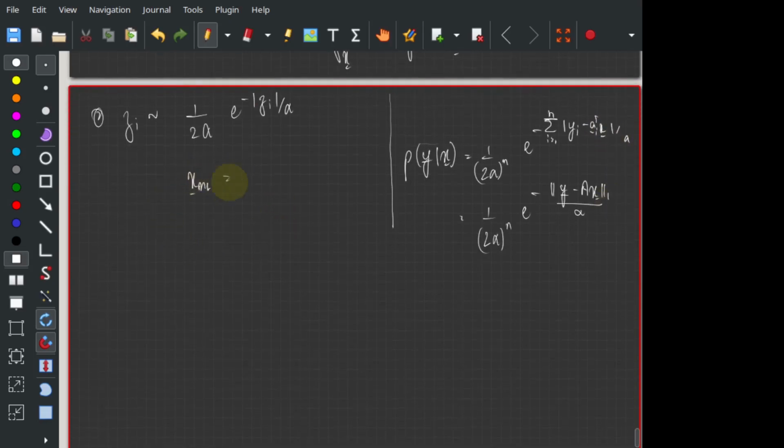So what does the maximum likelihood estimation problem reduce to? Correct. So it's basically an L1 norm minimization problem.